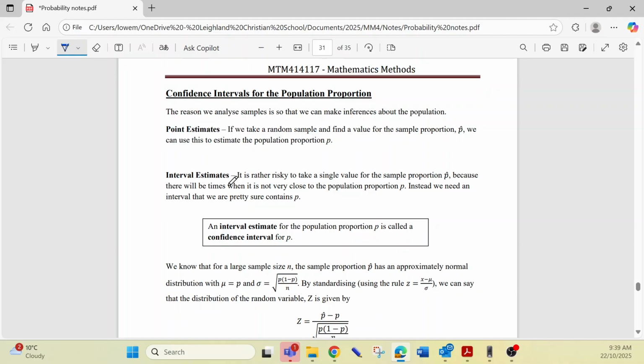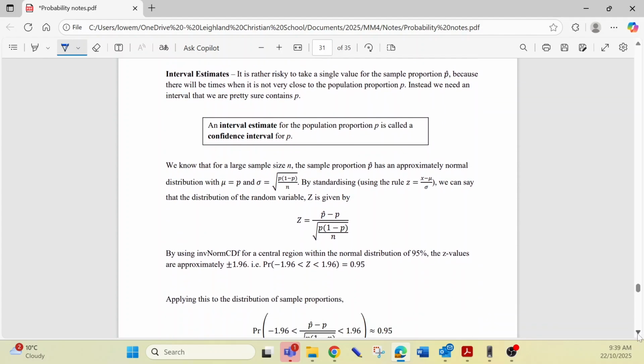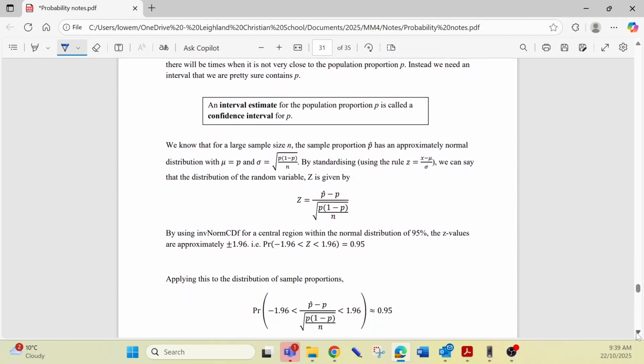So we might be, say, 50% confident, okay, or we might be 90% confident that it lies within values. That's what we're talking about here. Now, we know that for a large sample size n, the sample proportion p hat has an approximately normal distribution, with our mean at p and our standard deviation given by a formula.